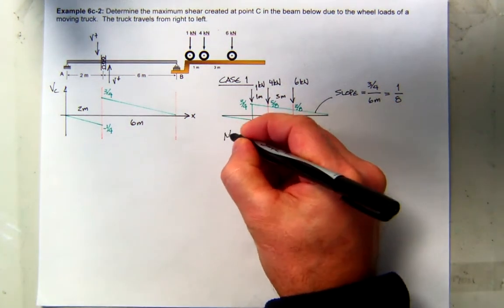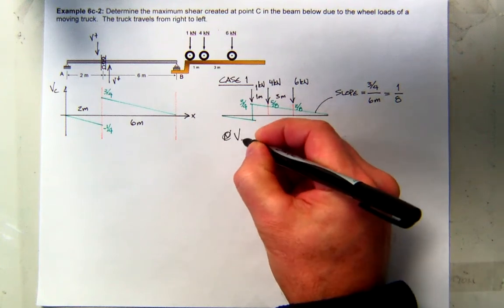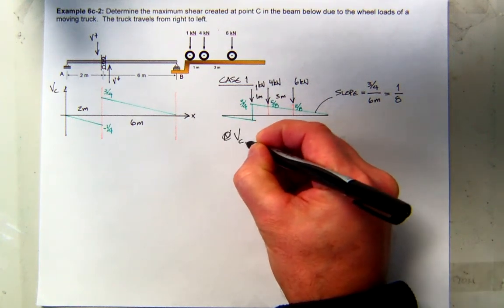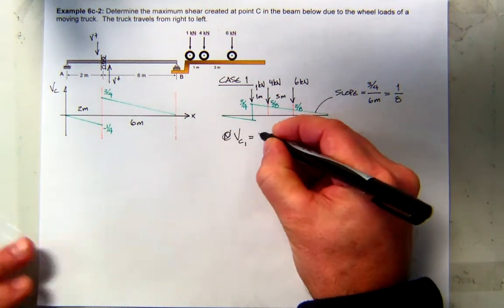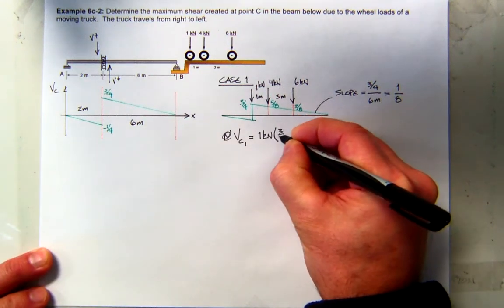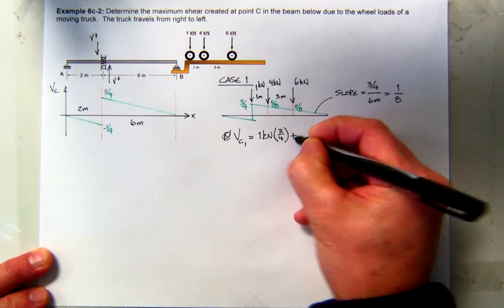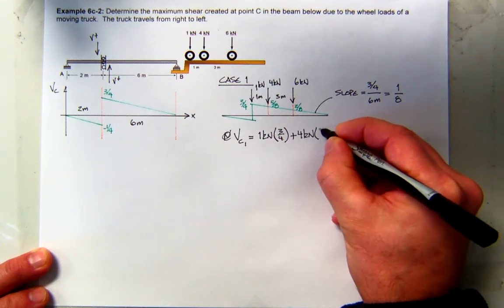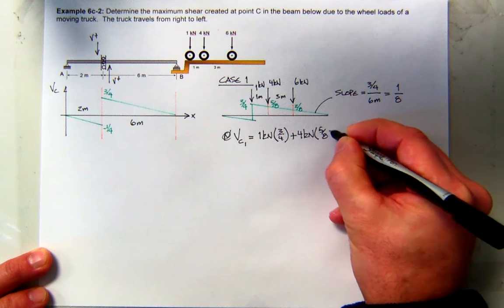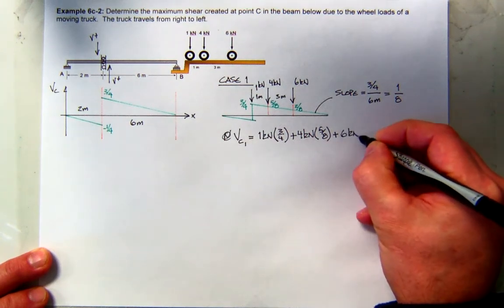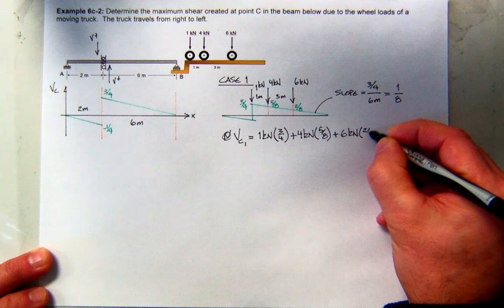So my shear at C for case 1 will be 1 kilonewton times 3/4 plus 4 kilonewtons times 5/8 plus 6 kilonewtons times 2/8.